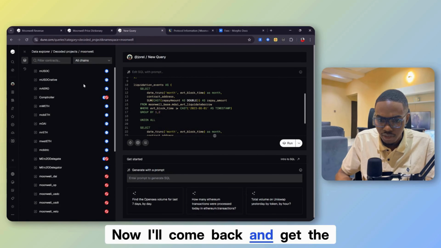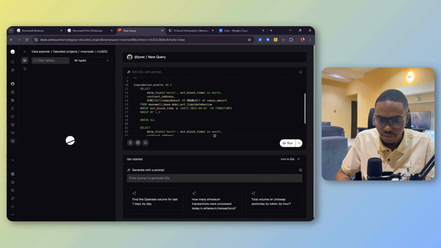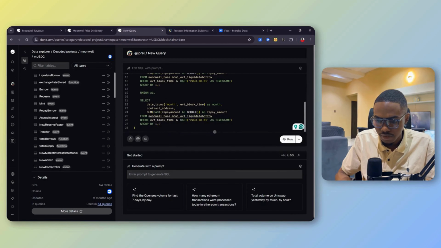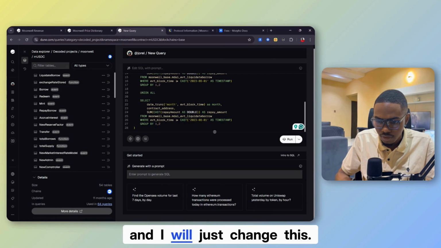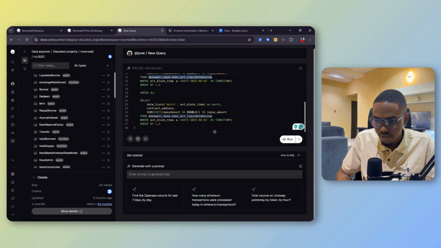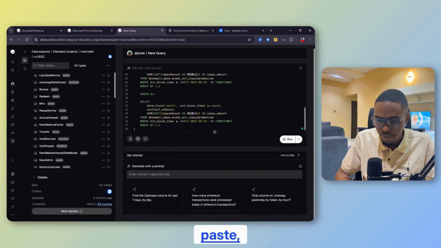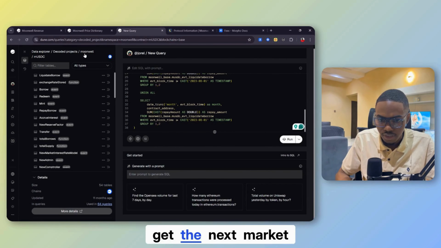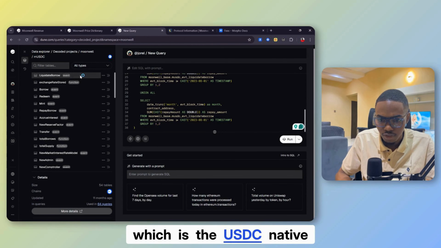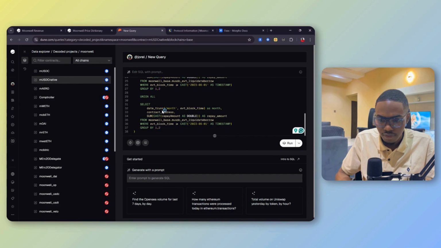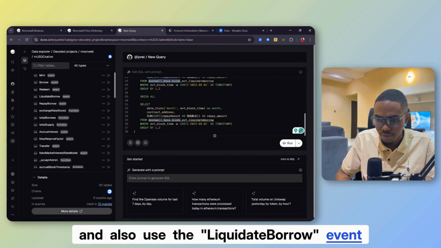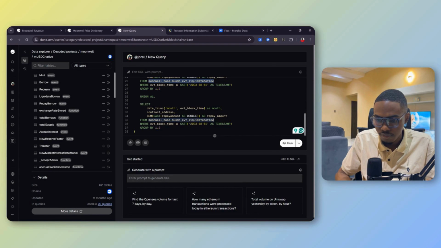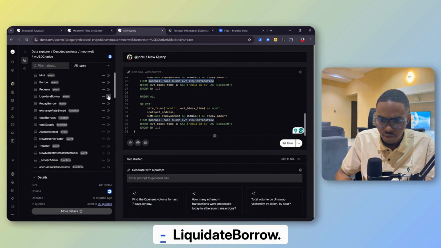Now come back and get the next market, the USDC market, and I'll just change this. Copy, paste, get the next market, which is the USDC native, and also use the liquidate borrow events.